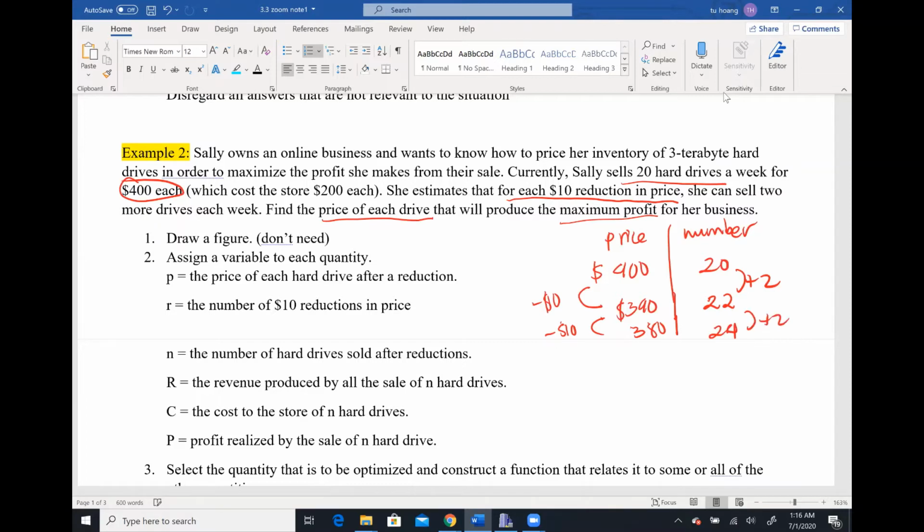So in order to get maximum profit, let's say it keeps reducing, like how many times minus 10. Let's say R is the number of $10 reductions in price.